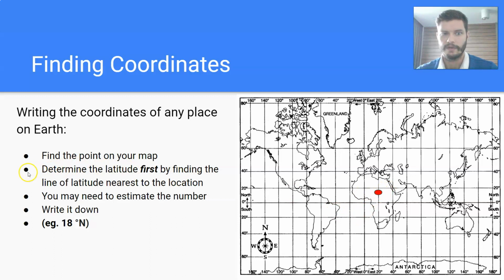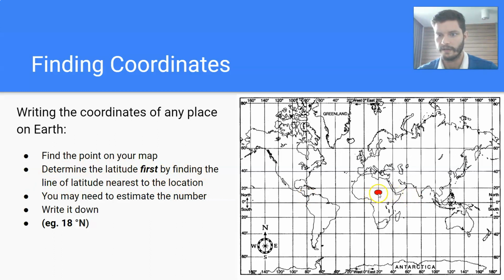It's in red. Then I need to determine the latitude. I always determine the latitude first because I need to write it down first. That's the correct way to do it. So determine the latitude first by finding the line of latitude nearest to the location.